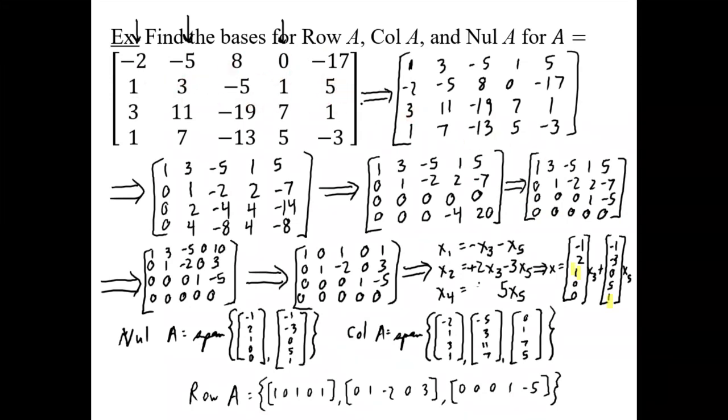My point is simply this: when it comes to finding the row space, we need to use the rows from the echelon form or the reduced echelon form. We can't, like with column space, just pick those rows and go back to the original matrix, because we made some changes along the way.